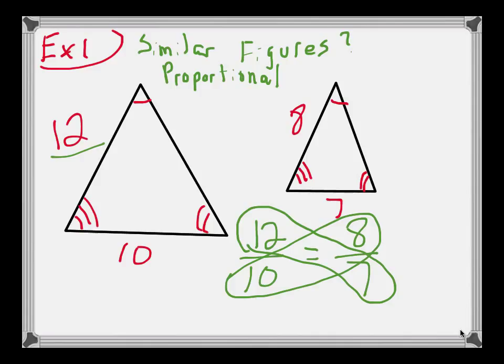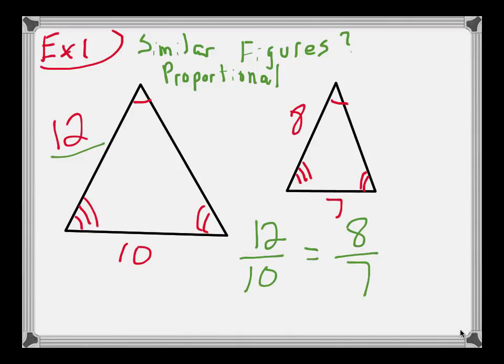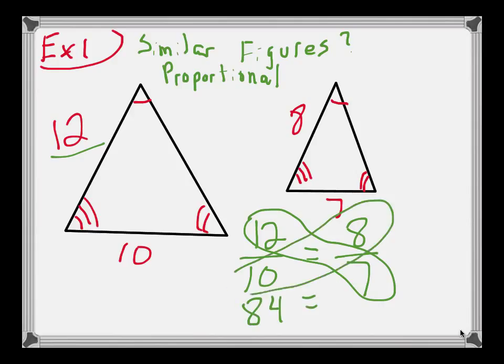So what I'm going to do is cross multiply both these numbers here. 12 times 7 is 84. Well, if I do 10 times 8, that gives me 80. That is not a true statement. 84 doesn't equal 80.